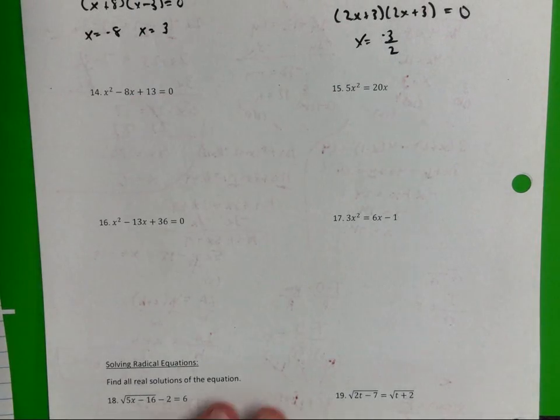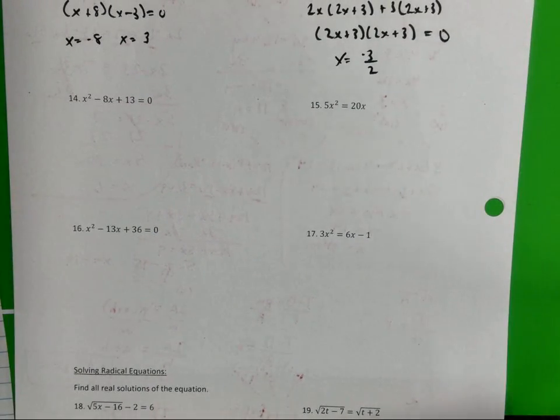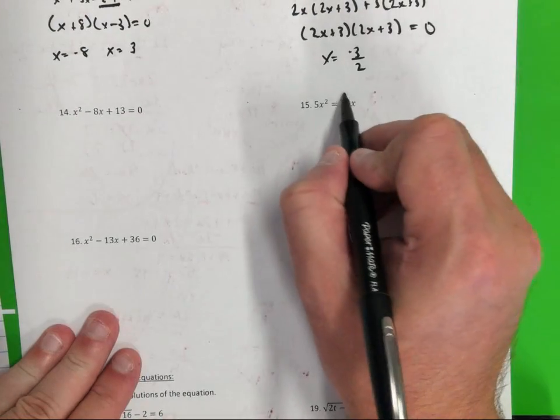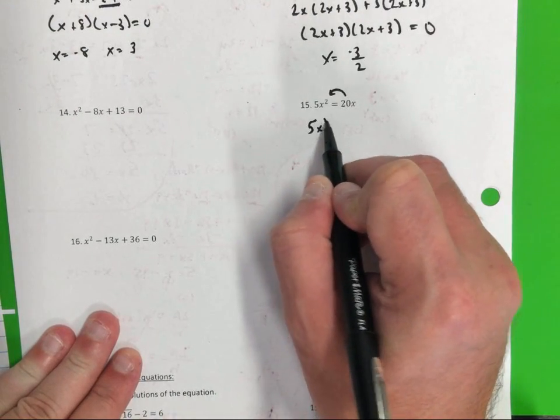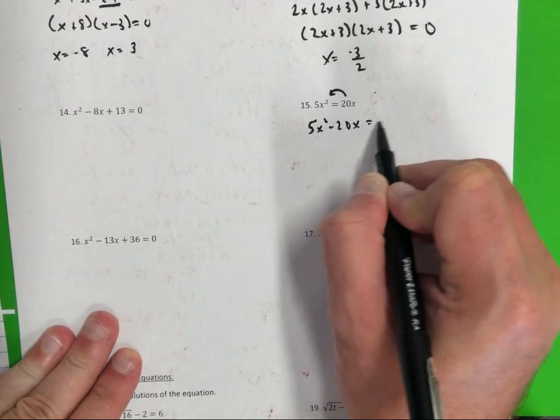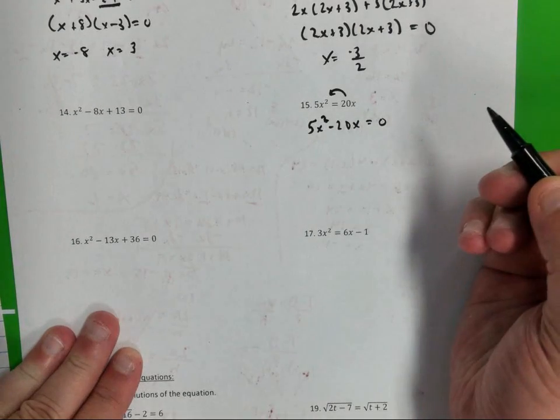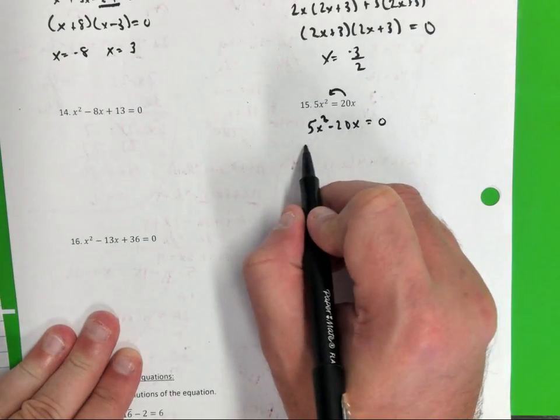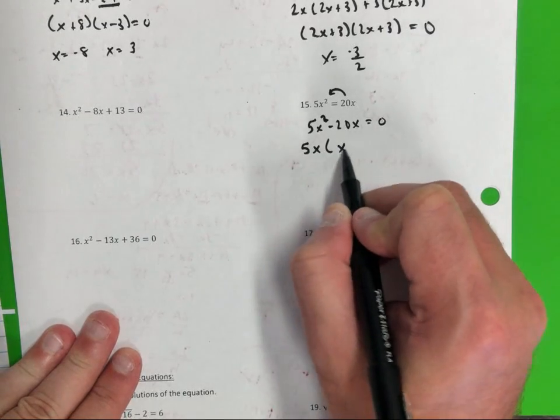Alright, number 15. Is it in standard form, guys? No, it's not. So what am I going to move over first? 20x, okay? So 5x squared minus 20x equals 0. Can I factor that? Yes, I can take a what out? 5 and an x.